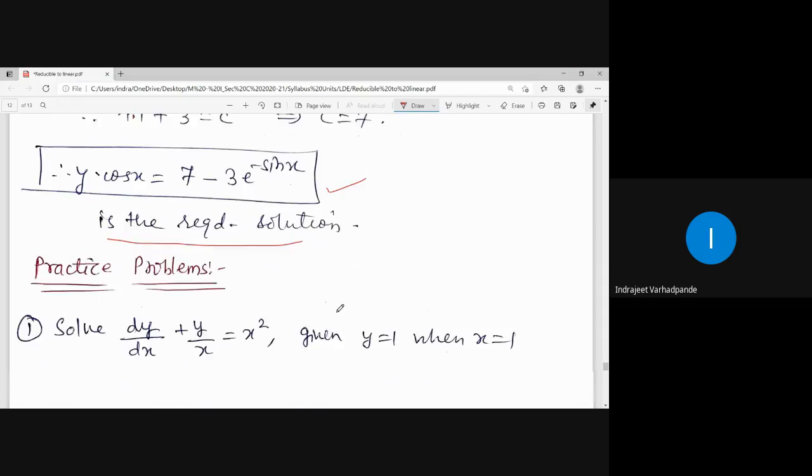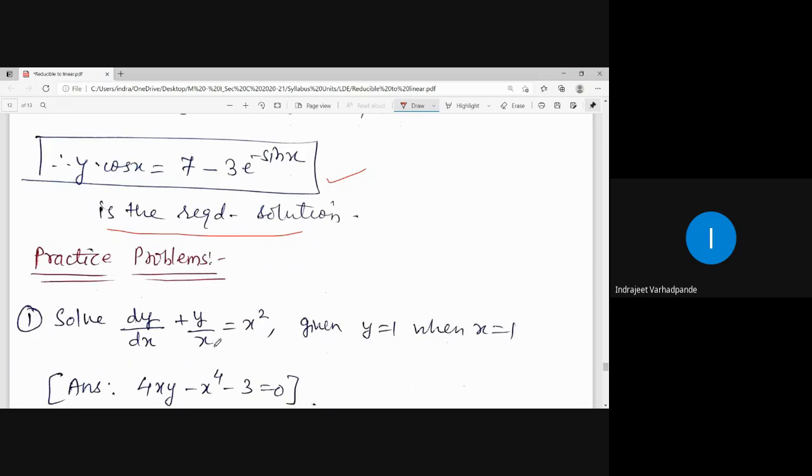Anybody else? What form can it be? We have solved a sufficient number of examples, and by virtue of that you should be in a position to identify by looking at the question that it can be a linear differential equation, dy by dx plus py is equal to q.